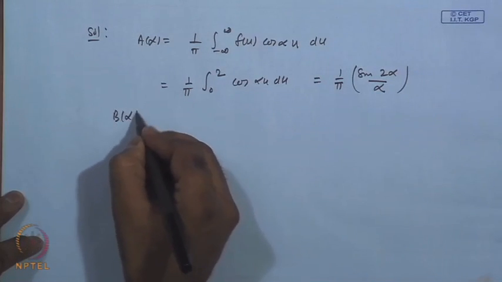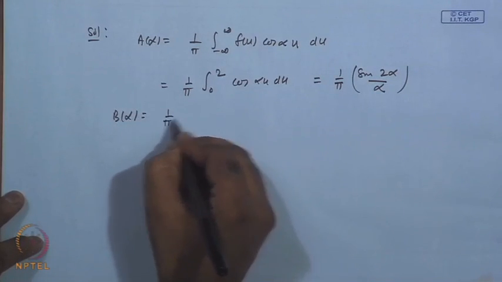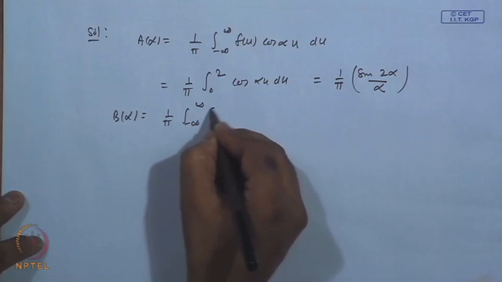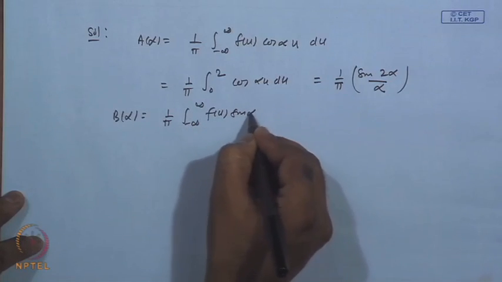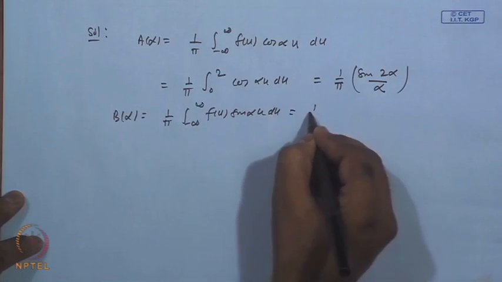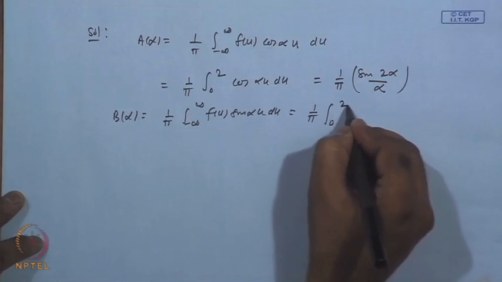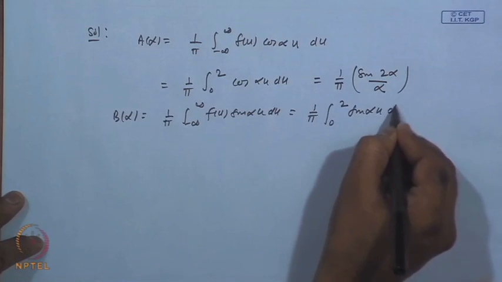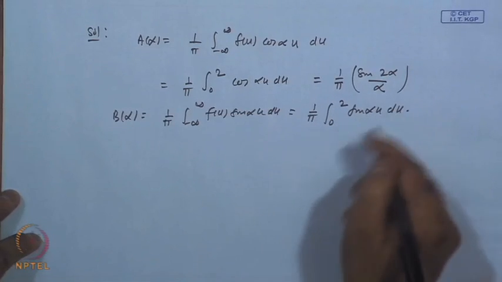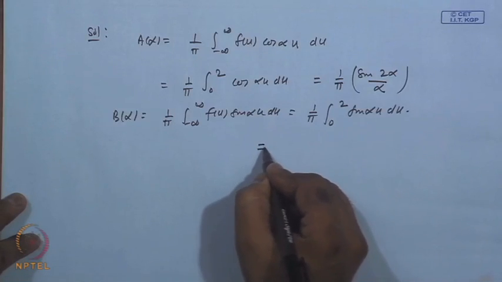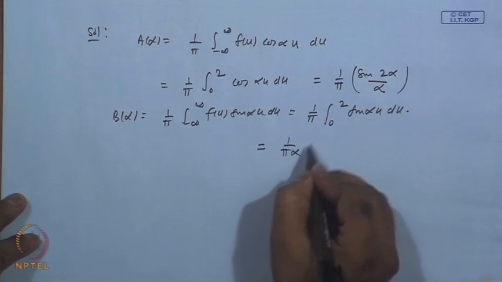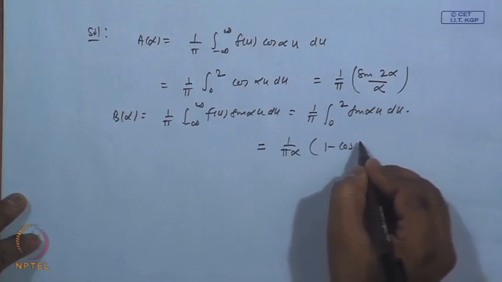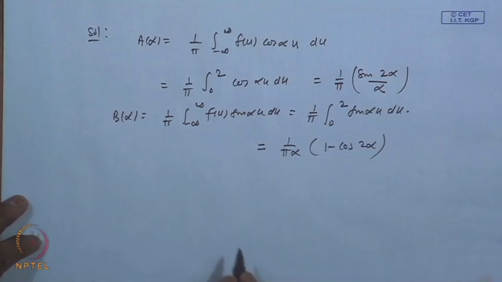Similarly, B(alpha) is 1 over pi, integral from minus infinity to plus infinity of f(u) sine alpha u du. So, this is 1 over pi, 0 to 2, sine alpha u du, and then we have cos alpha u over alpha. So, we will get 1 over pi alpha times (1 minus cos 2 alpha).